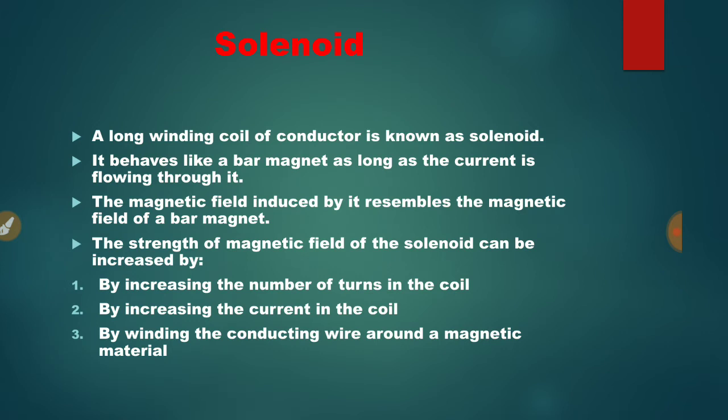Look, in the last activity we have seen a straight current carrying conductor. But if we change that conductor into a coil, with many loops just like a spring, then it is known as a solenoid, and this solenoid behaves like a magnet as long as the current is flowing through it. The magnetic field induced by it resembles the magnetic field of a bar magnet.